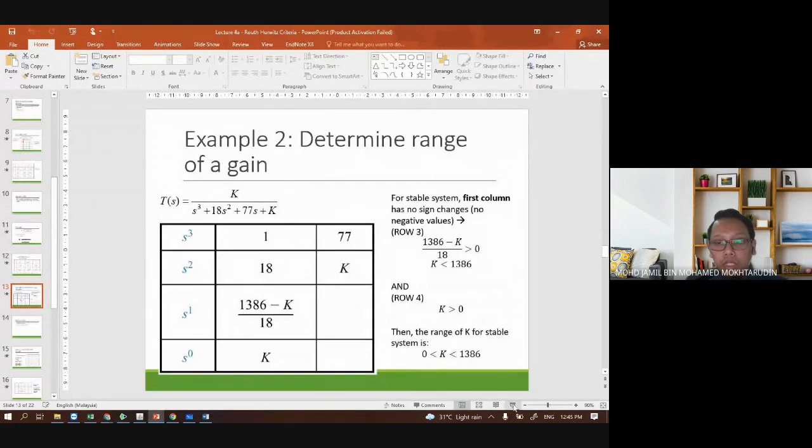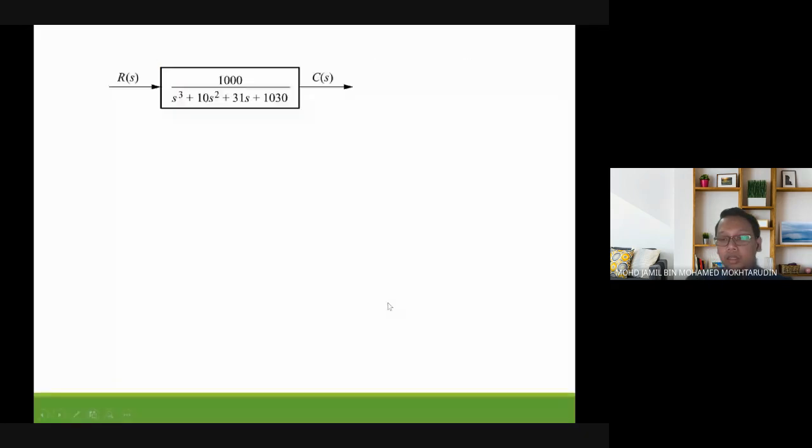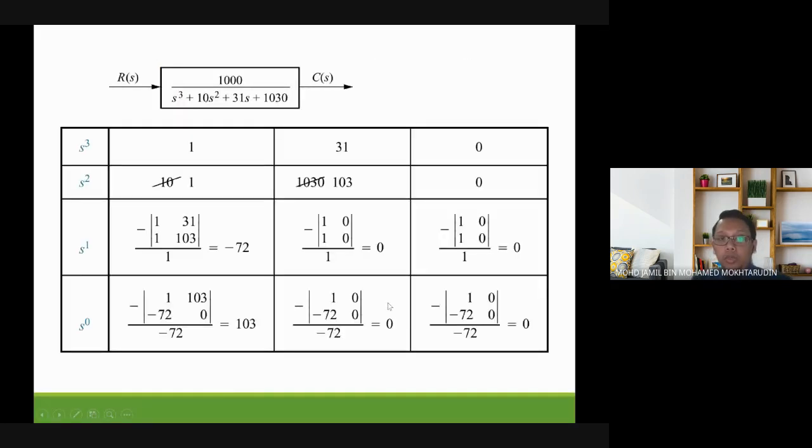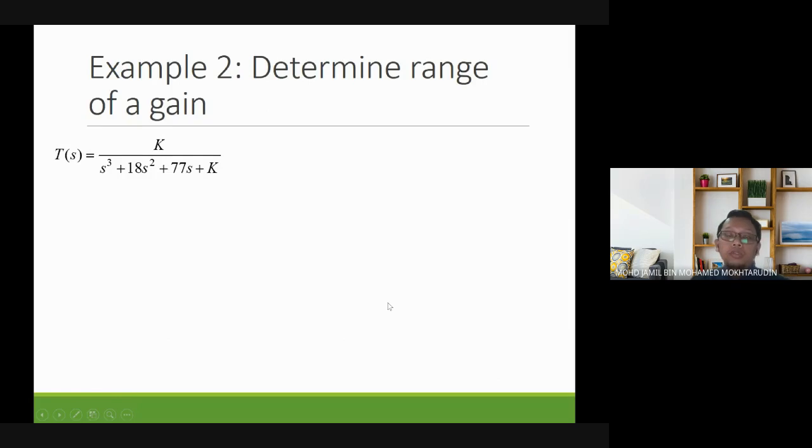Okay, so we continue with example number 2. Another use of the Routh-Hurwitz criteria is to determine a suitable range of gain. Usually your transfer function will have a gain K or a variable K, so that when you change the value of K, the system stability will also change.